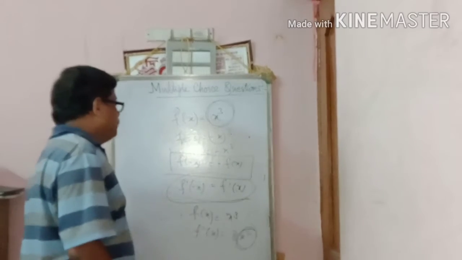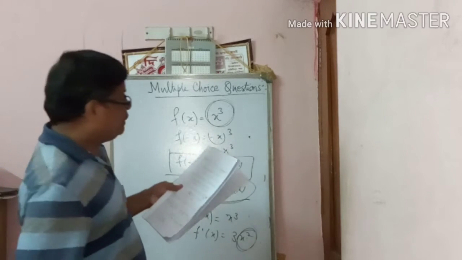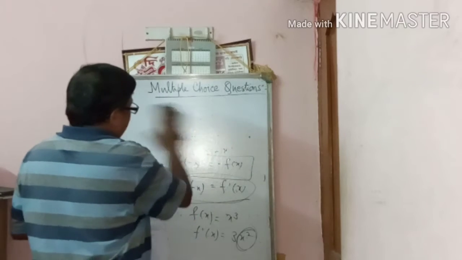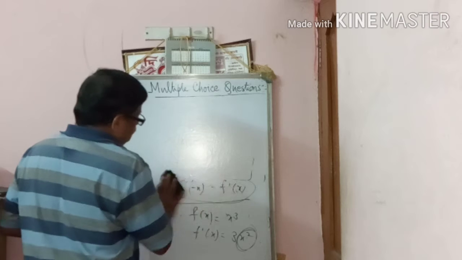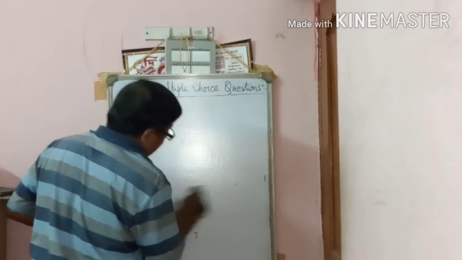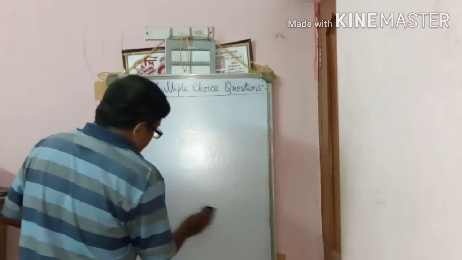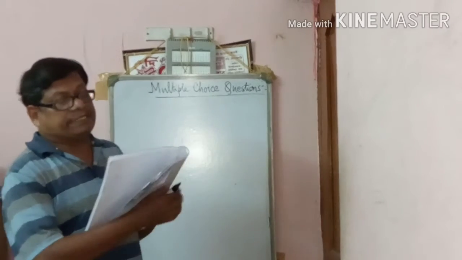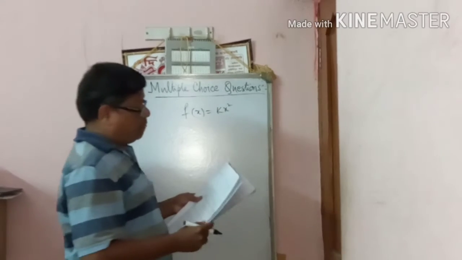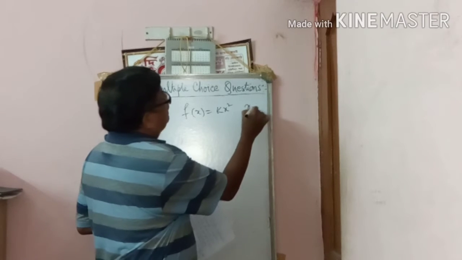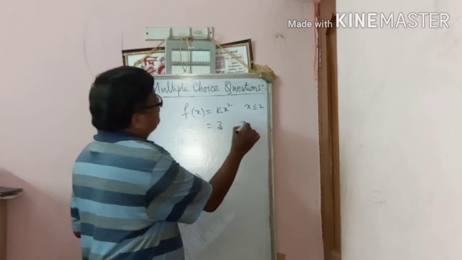Okay, now the next question is that f of x equals kx square for x less than or equal to 2, and equals 3 when x is greater than 2.